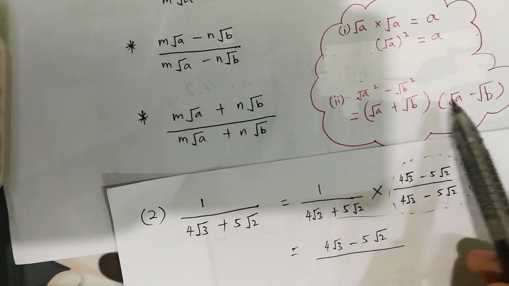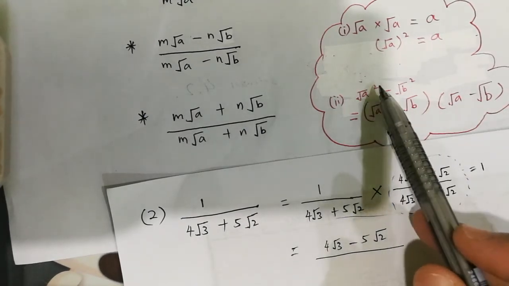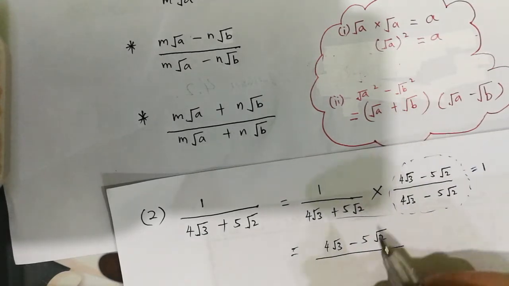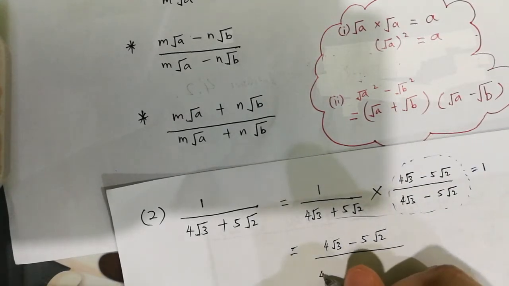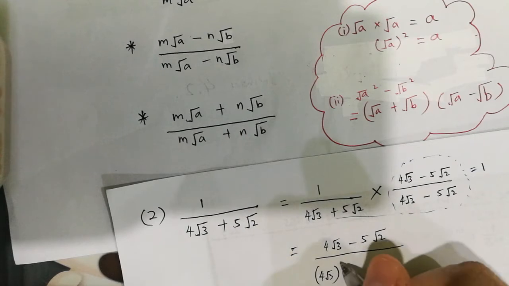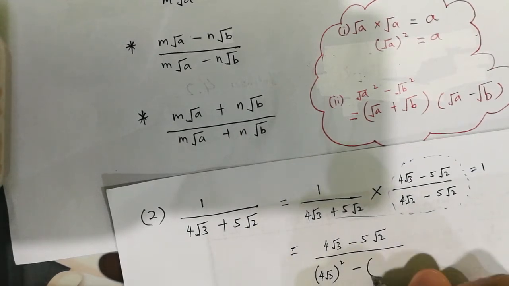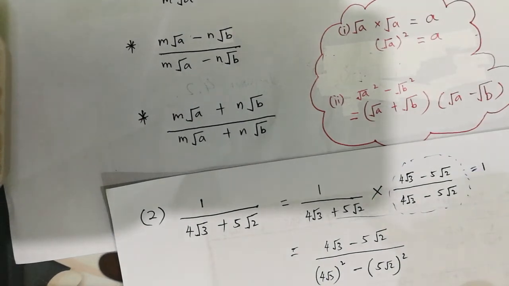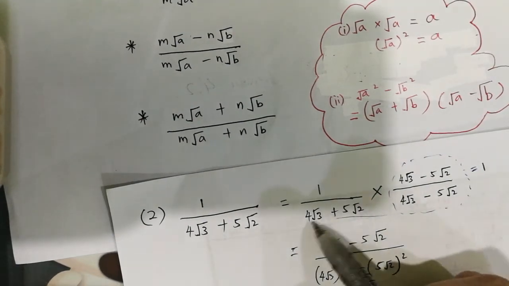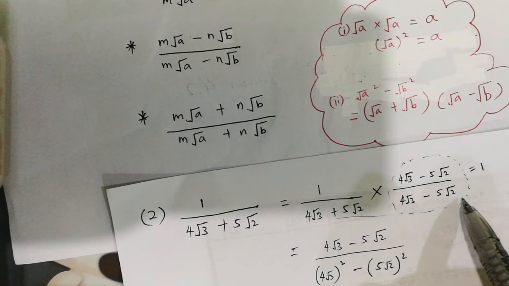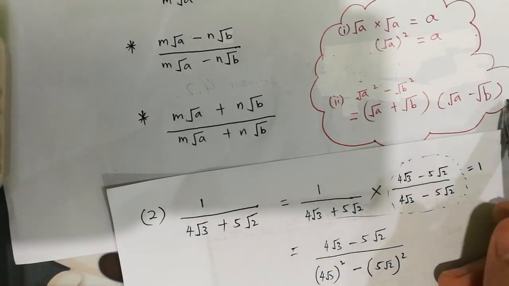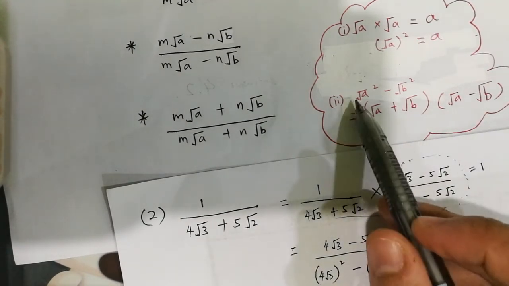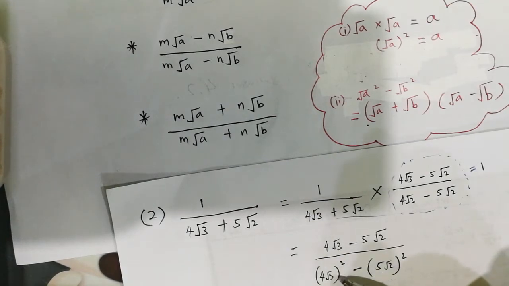Plus minus. So I will get the whole thing square minus whole thing square. So from here I will get this thing square minus root 5 square. Got it? Plus minus plus minus. From here change to up here.